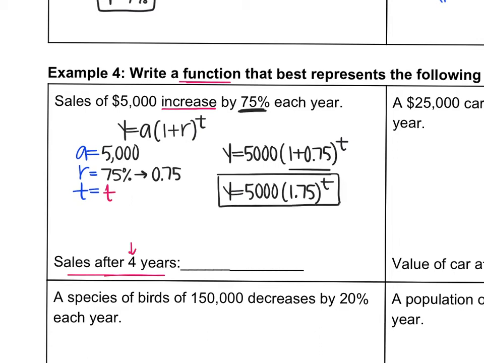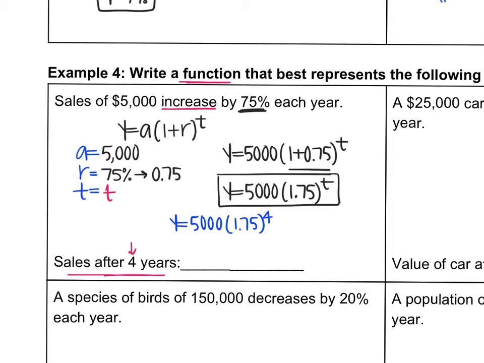So I wrote a function. And then it says to find the sales after 4 years. So now I'll go ahead and plug in 4 for t, and I'll evaluate 5,000 times 1.75 to the 4th power. Again, if you type that on your calculator, it'll do the order of operations for you, and you don't have to worry about it, so that's exciting. So let's go ahead and type that in.